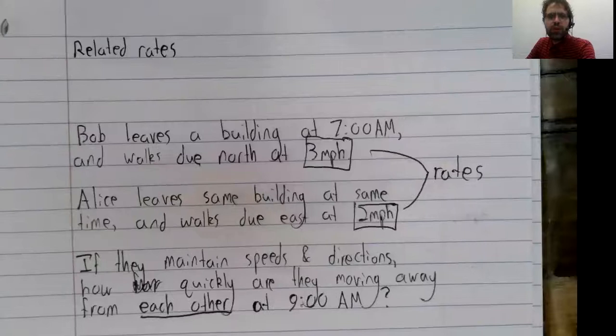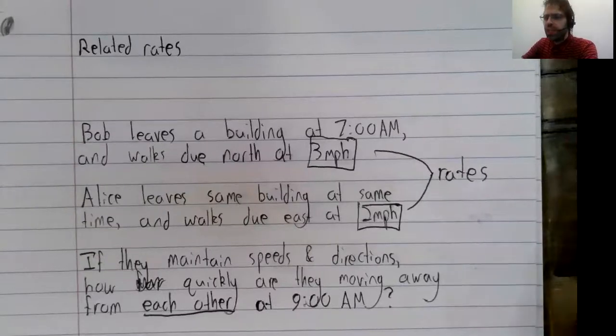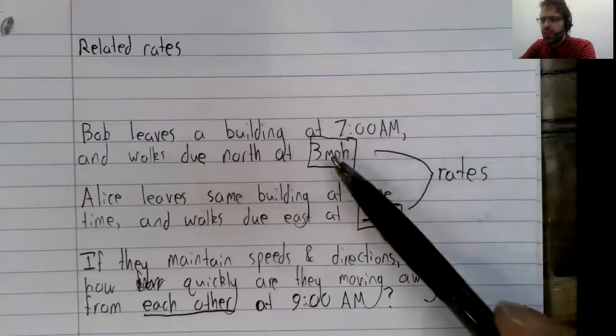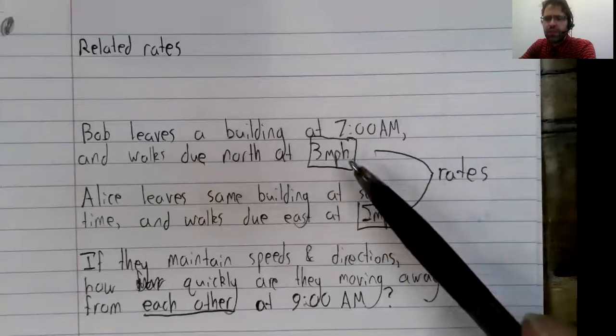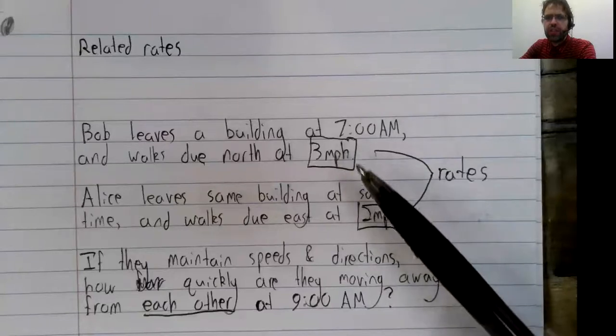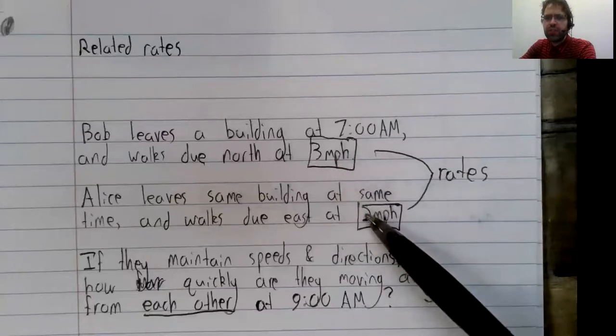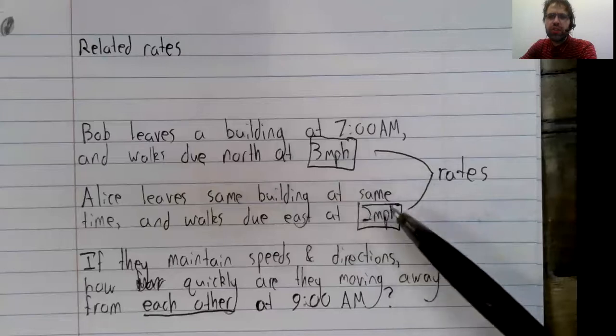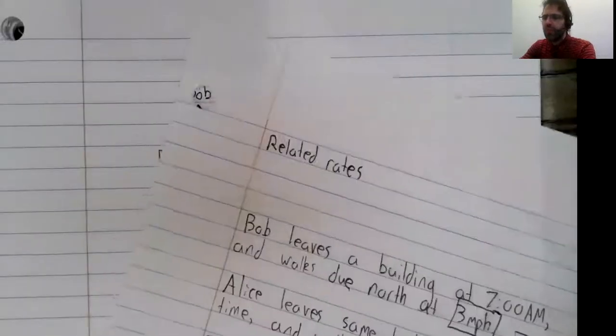What numerical information are we given? Well, we're given rates of change. This is a rate of change, and this is a rate of change. And rates of change, of course, are derivatives.